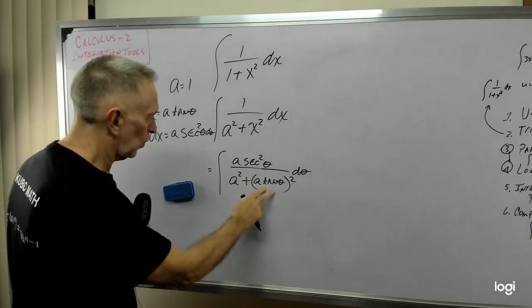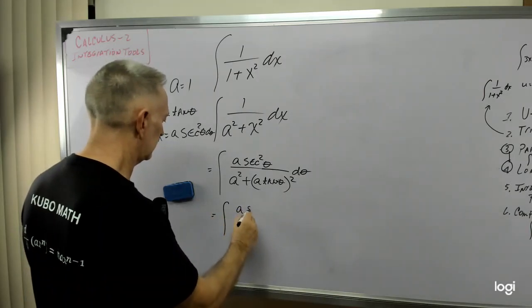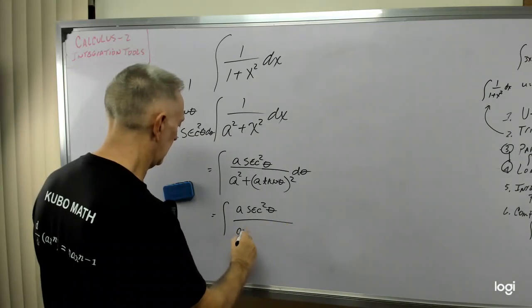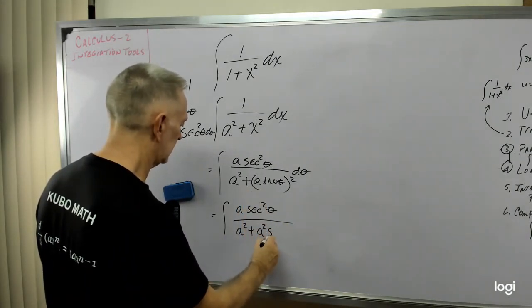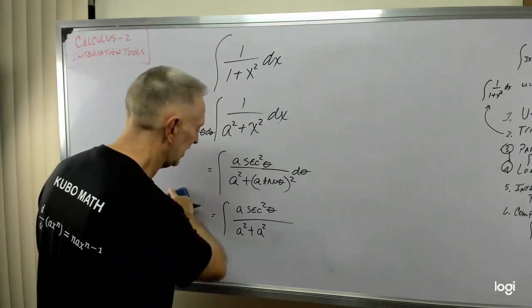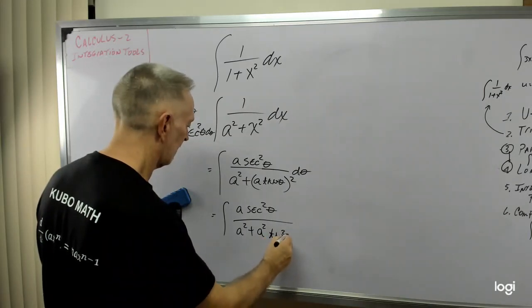Okay, let me square this. A secant squared theta over a squared plus a squared tangent squared theta.